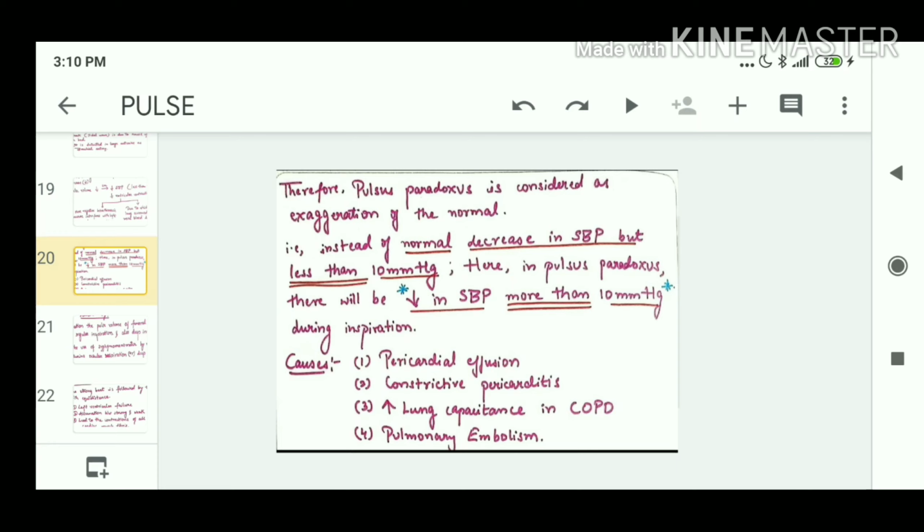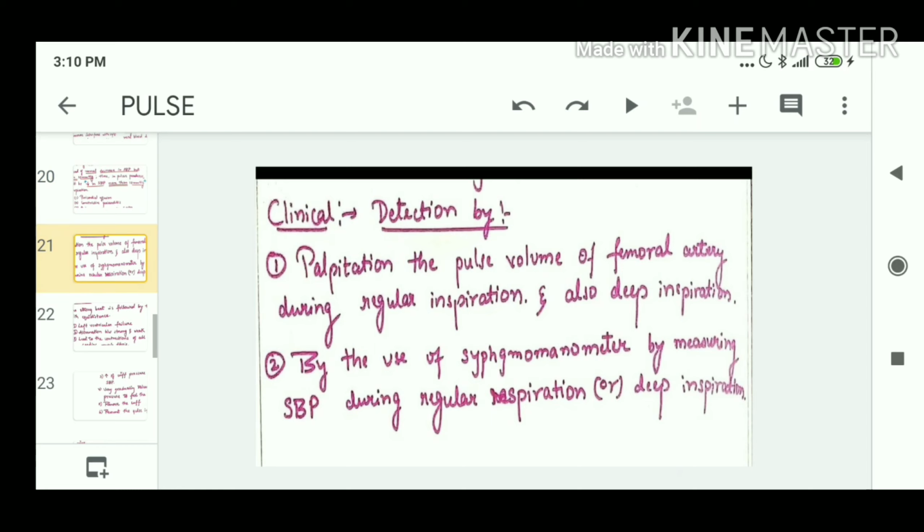Then what are the causes for this pulsus paradoxus? Pericardial effusion, constrictive pericarditis, and increase in the lung capacitance as in chronic obstructive pulmonary disease and pulmonary embolism. These conditions you need to remember, my dear friends. Now how will you clinically detect the pulsus paradoxus?